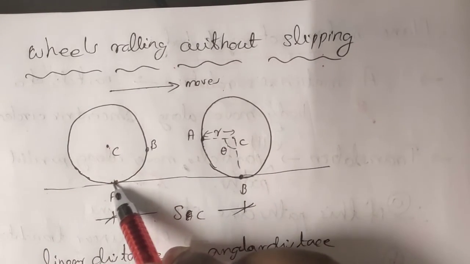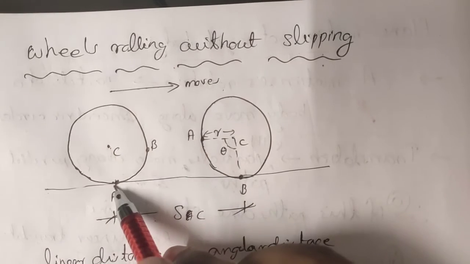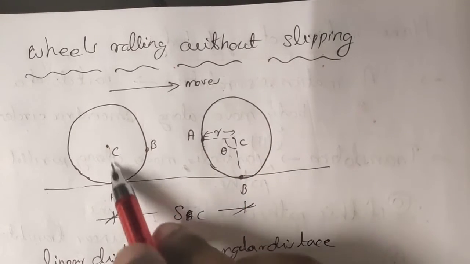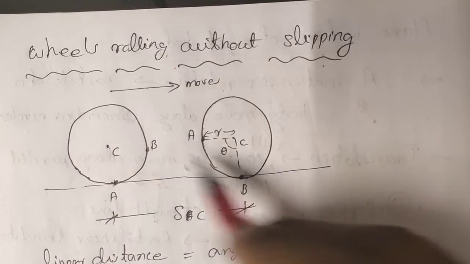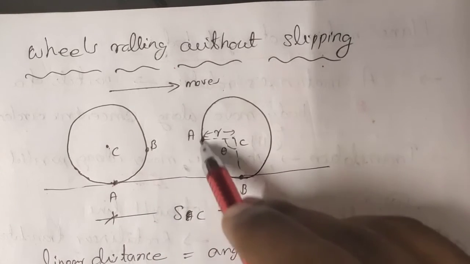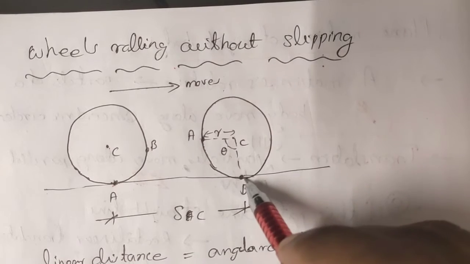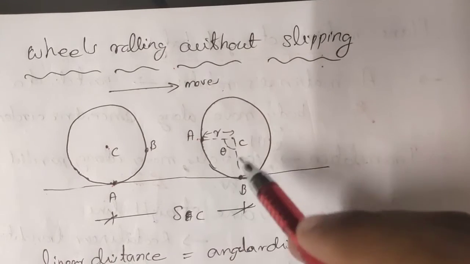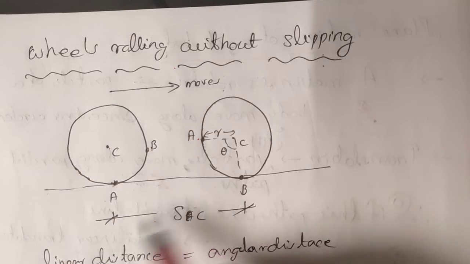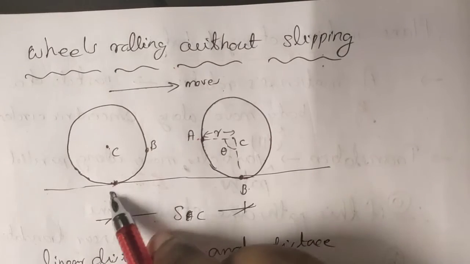A is rotating this way and B is rotating towards here, so B is coming to here and A is going there. So position wise it moves A to B.